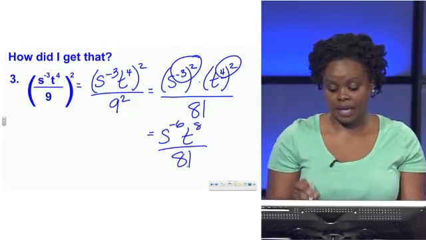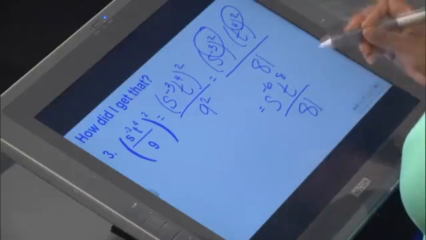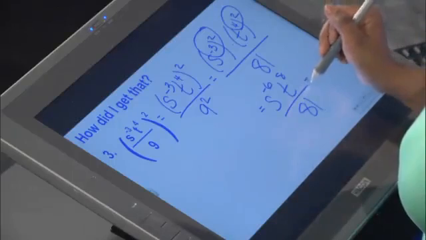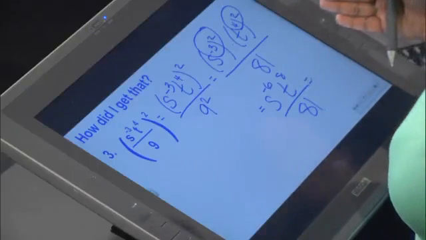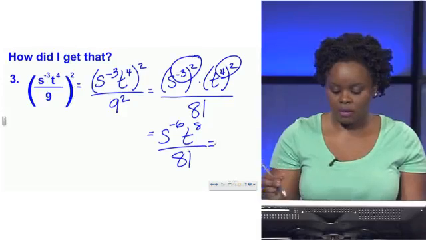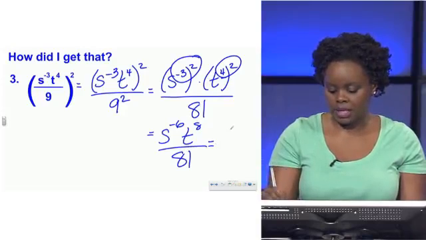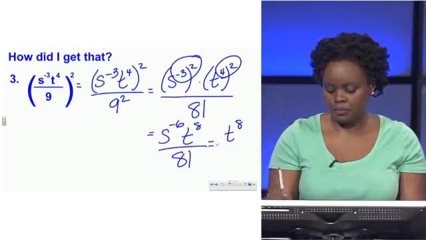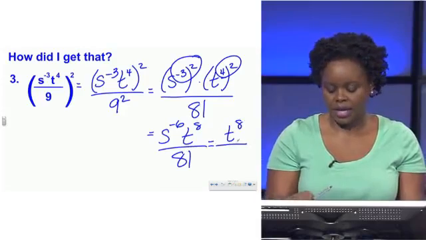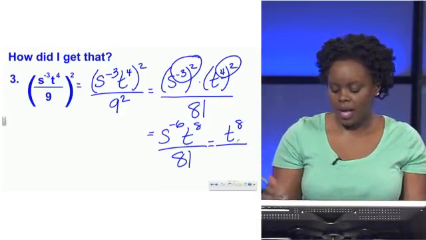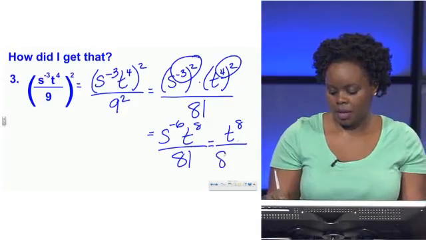But you see you have a negative exponent, so you're not done yet. So we use what we know about negative exponents, and we can take that shortcut. I know that t to the 8th isn't going to go anywhere. It's fine. But that s to the negative 6, I've got to take care of that. So you apply the rule about negative exponents. The 81 is good to go.